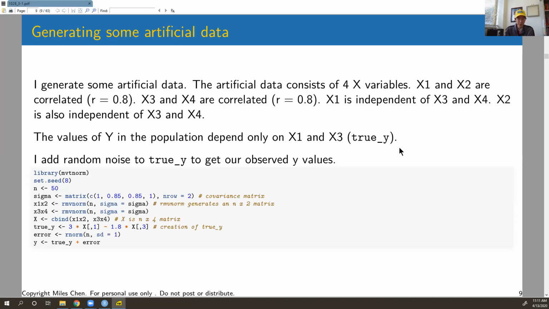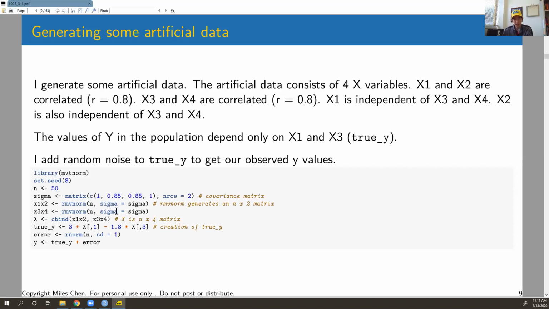Okay, so to illustrate how this works, I'm going to generate some artificial data. Our artificial data is going to have 4 X variables, X1, X2, X3, X4. I'm making X1 and X2 correlated, with a correlation of 0.8, and X3 and X4 are correlated with a correlation of 0.8.